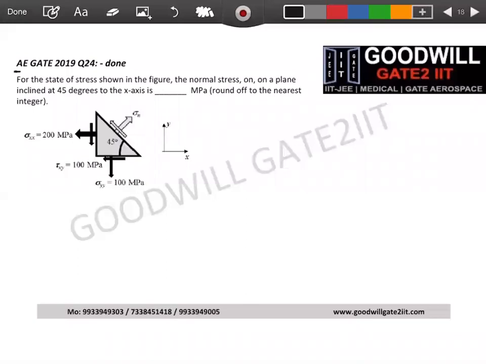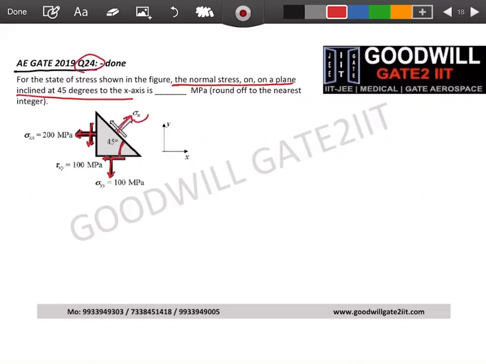This question was asked in 2019, guys. You know sigma x, sigma y and tau xy. They have asked for the normal stress on a plane inclined at 45 degrees to the x-axis. So they're asking for this sigma n for 1 mark in your exam, question number 24.